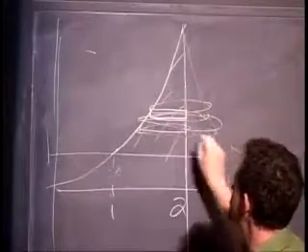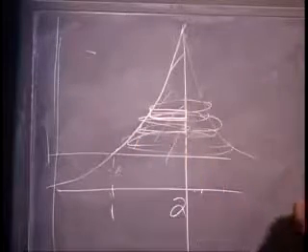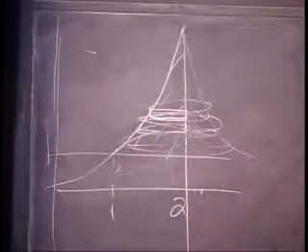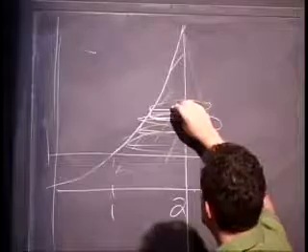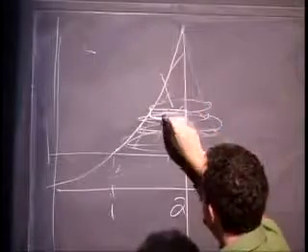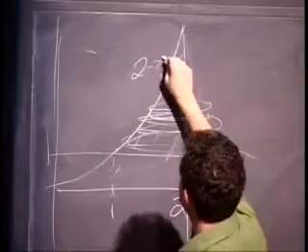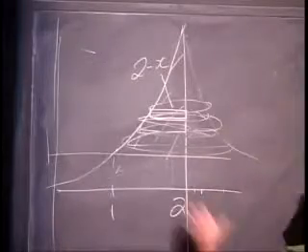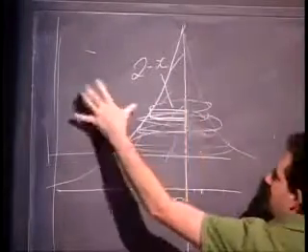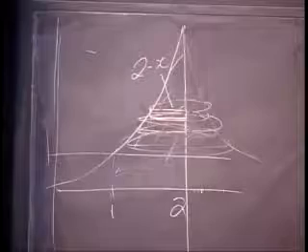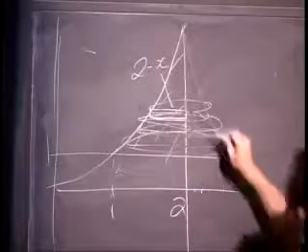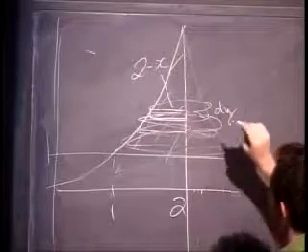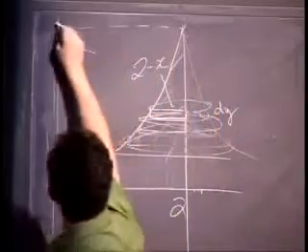So I want to chop this up into disks. Each disk has radius 2 minus x. That's 2, and that's x, so the difference is 2 minus x. And the thickness is dy. And we're going from 1 to 8.